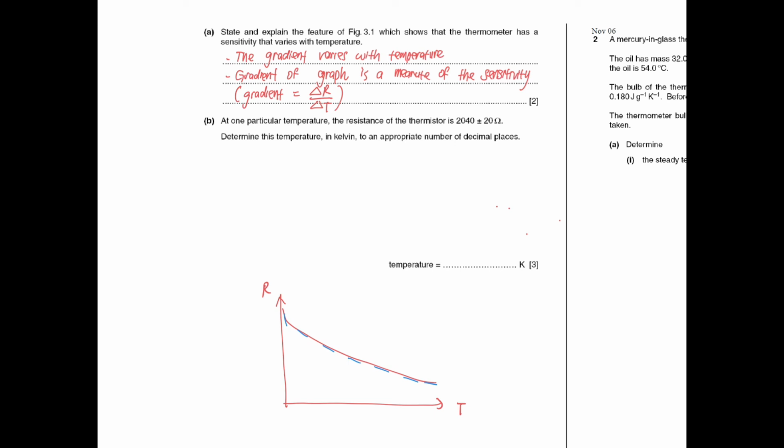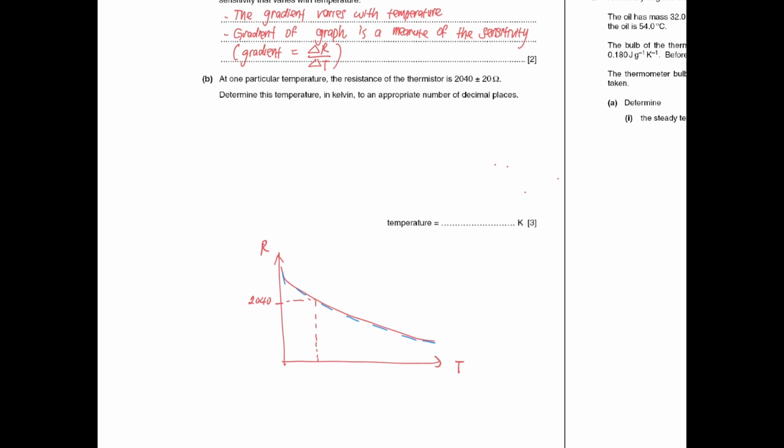Okay, so what we need to do is like this. You look at the graph and find 2040 ohms. Then you bring it here, then you bring it down. Then you will realize it is 15 degrees Celsius.